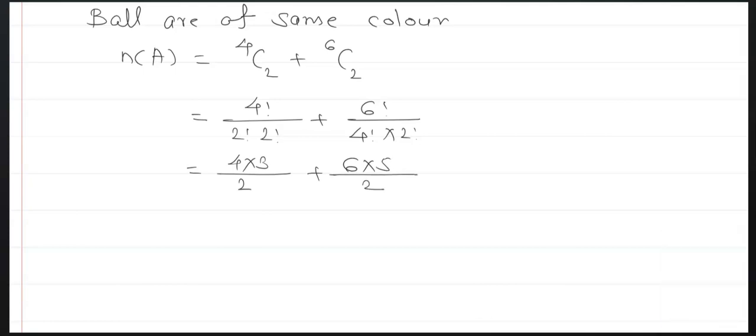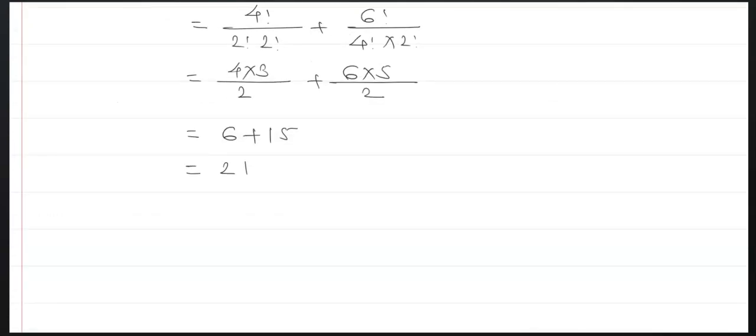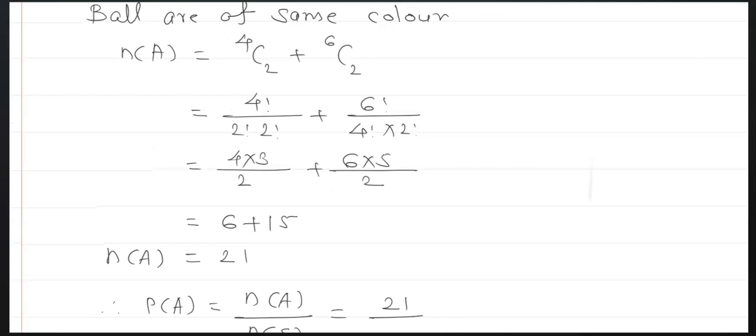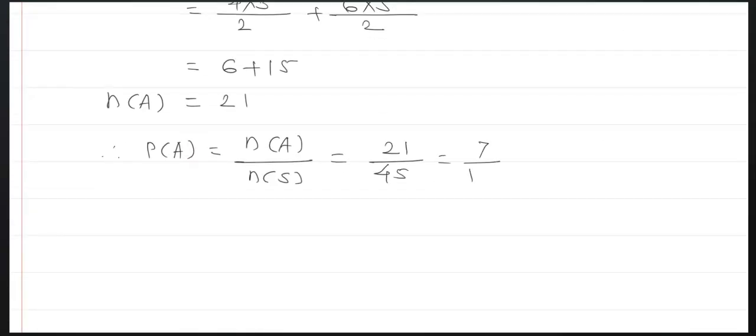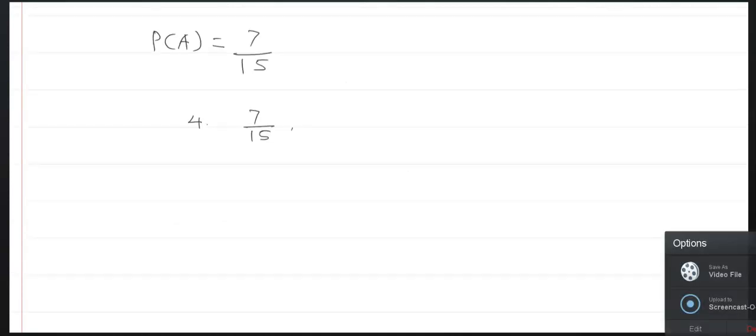If you calculate it, you will get 6 plus 15, that is equal to 21. Therefore, n of A is equal to 21 and P of A is equal to n of A upon n of S, that is 21 upon 45, that is 7 upon 15. P of A is equal to 7 upon 15. And hence option 4 is the correct one.